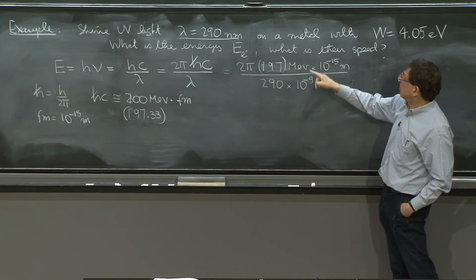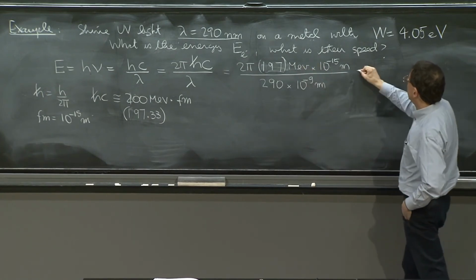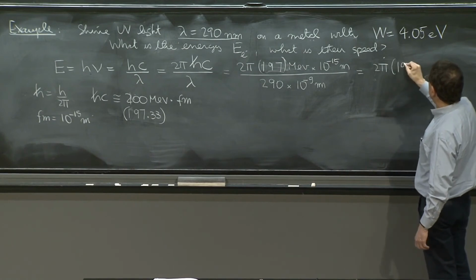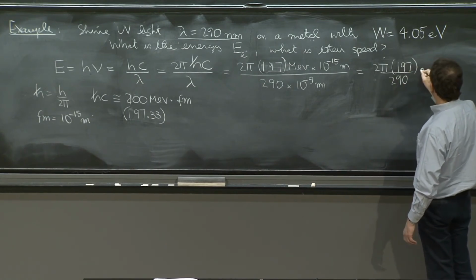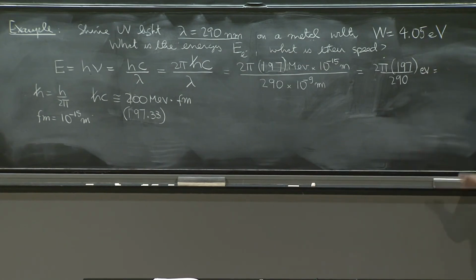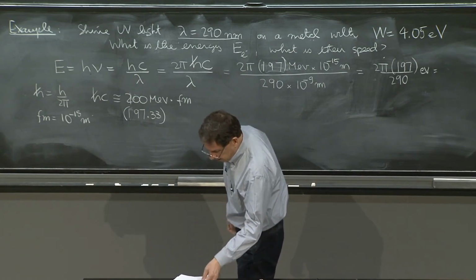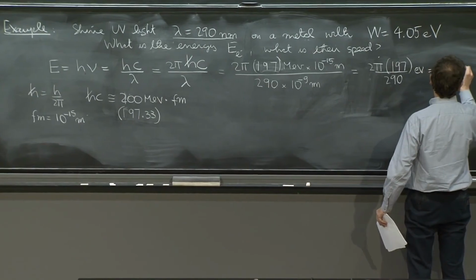All these meters cancel, and there's just an eV left. So this is 2 pi times 197 over 290 eV. You can estimate this is like 2 over 3 times 2 pi, which is 6, and that's about 4. If you want to do it more carefully, it comes out to 4.28 eV.